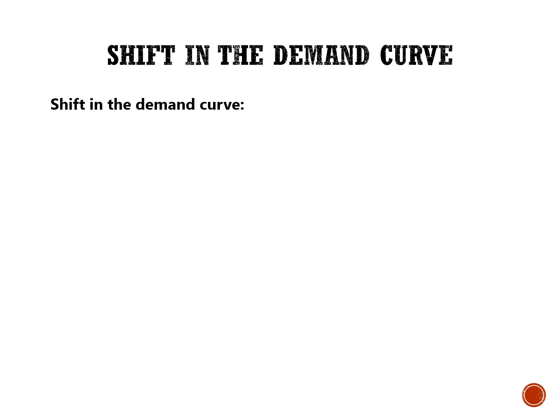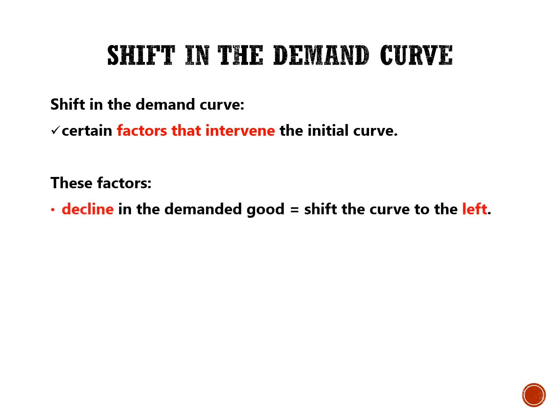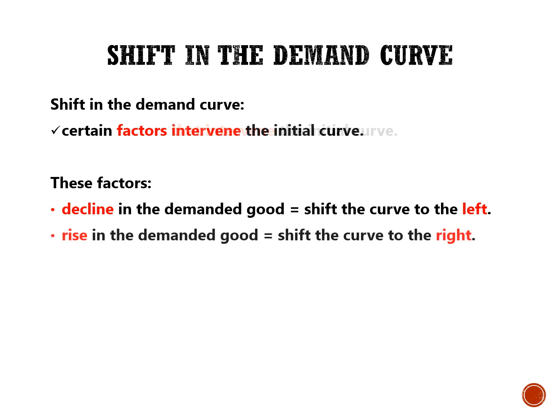Furthermore, a shift in the demand curve can be caused by certain factors that intervene with the initial curve. These factors are: first, a decline in the demand for the good will move the curve to the left. Additionally, a rise in the demand for the good will shift the curve to the right.